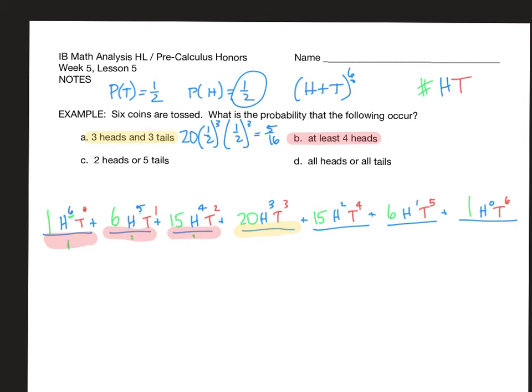You're going to do the exact same type of calculation: the number that you see times the probability raised to the power, plus 6 times 1/2 to the 5th times 1/2 to the 1st, plus 15 times 1/2 to the 4th times 1/2 squared. And again, definitely use a calculator.